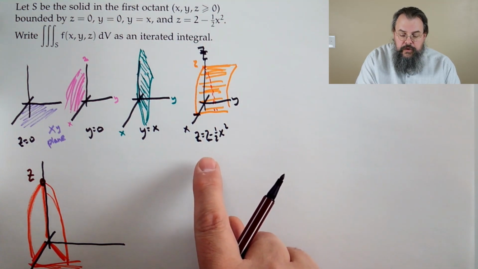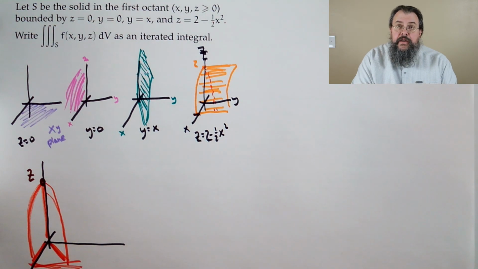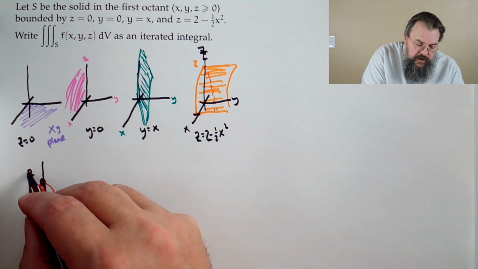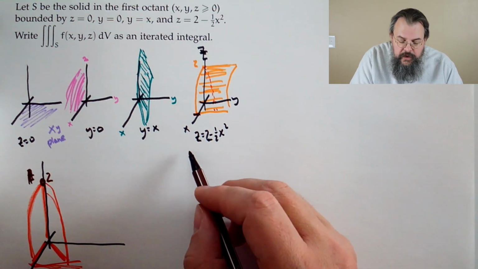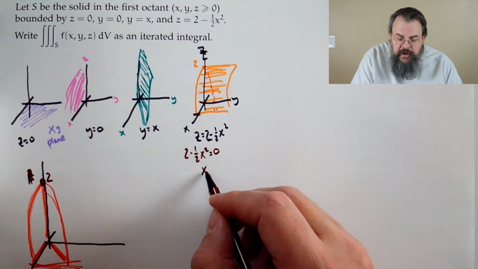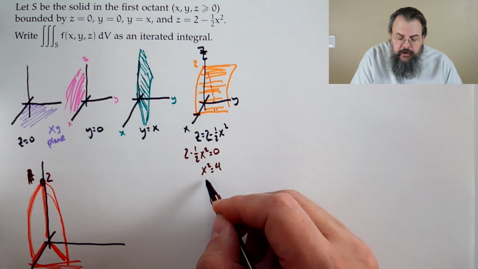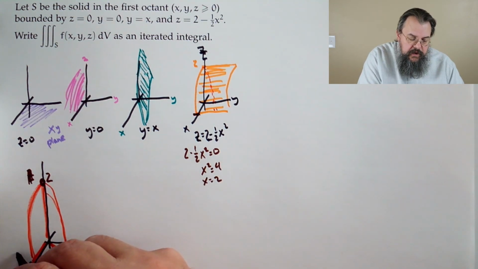So we need 2 minus a half times x squared to equal 0. Whoops, I wrote z here. I meant to write 2. So when does 2 minus a half x squared equal 0? Well, that's the same as x squared equals 4, or x equals 2. Oh, okay. So this point over here is at 2.